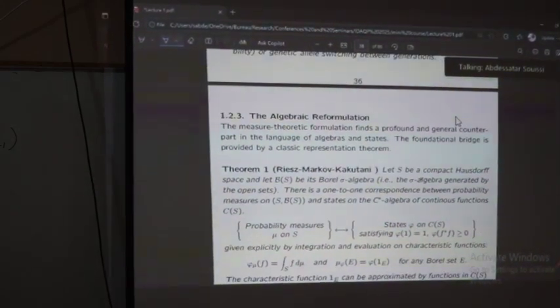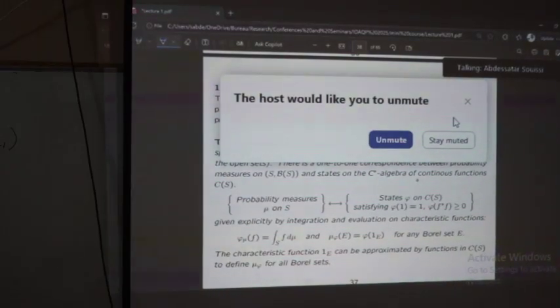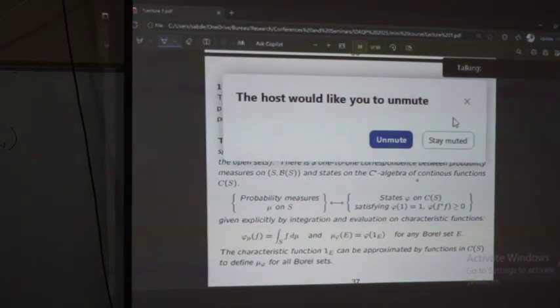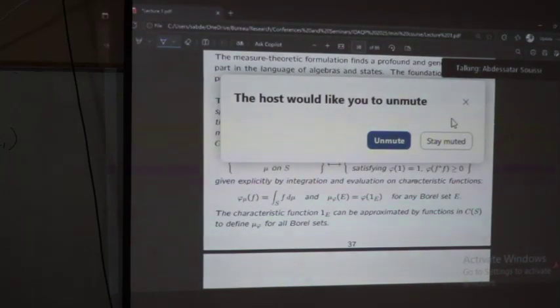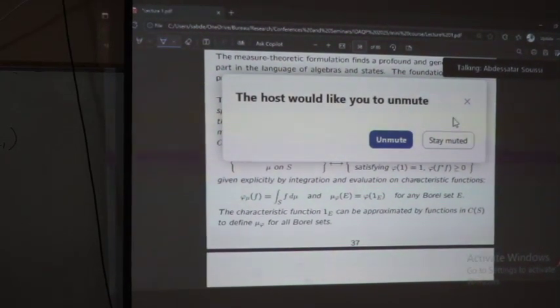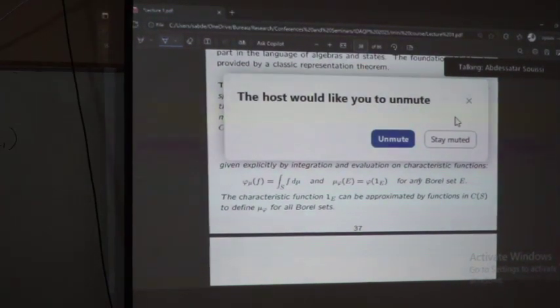Now, through this important theorem, which exists in the literature in several versions, the Riesz-Markov kind of theorem, we can represent any probability measure using states.